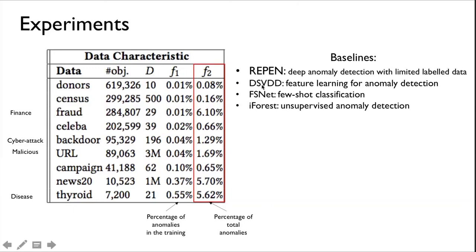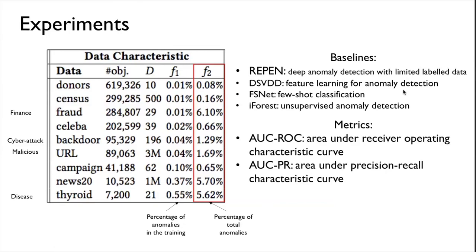The SVDD is feature learning for anomaly detection. FSNet is a few-shot classification. The 2 metrics that the paper considers are AUC-ROC and AUC precision-recall.